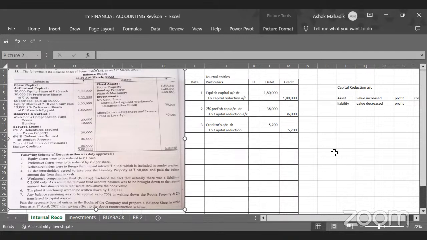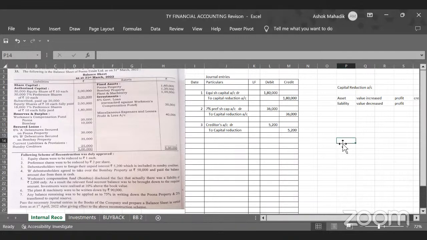So here two things are there. Debenture holders agreed to take over the Bombay property at 50,000. So let us see Bombay property. What is the value of Bombay property? 1,20,000.